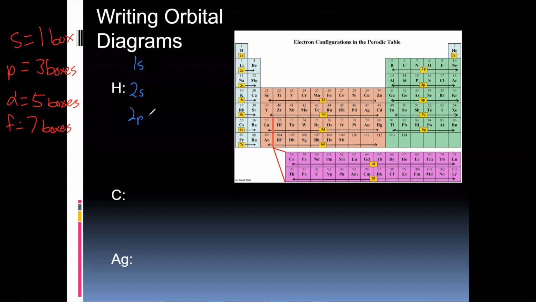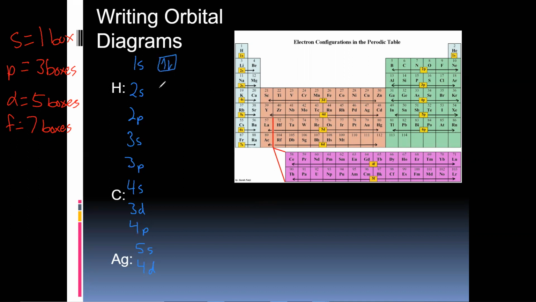It has a 2p. It has a 3s. It has a 3p. It has a 4s. It has a 3d. It has a 4p. It has a 5s, and it has a 4d. So that's pretty big. We're getting pretty sizable here, okay?